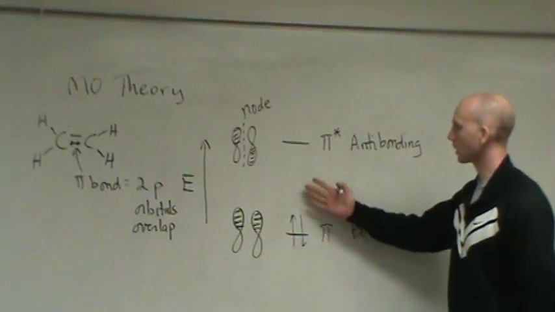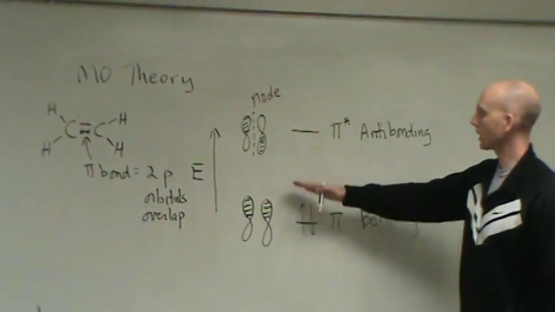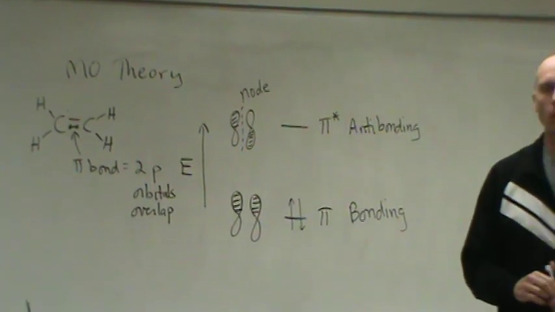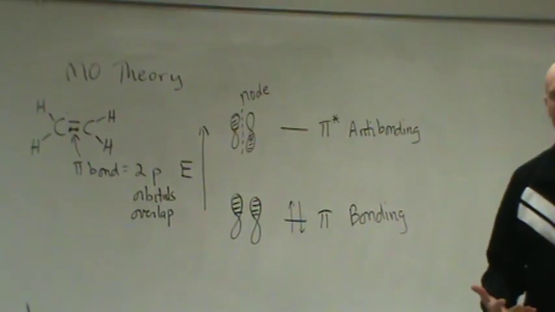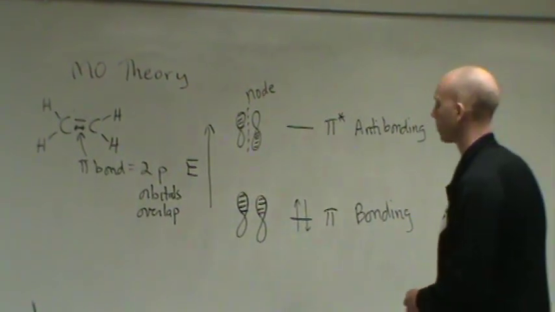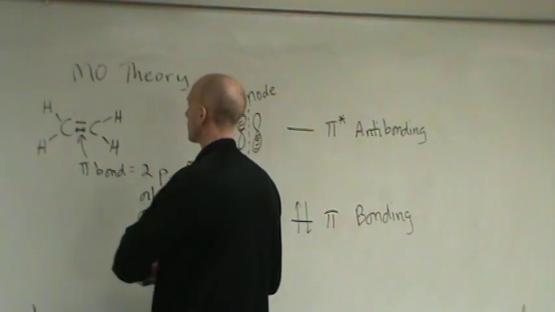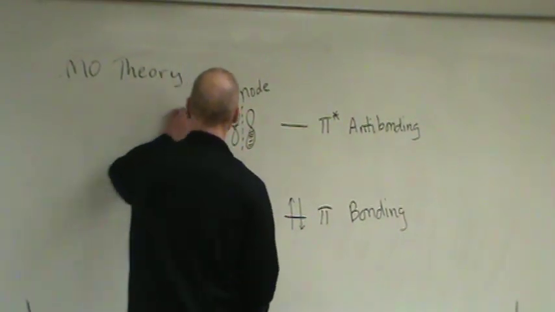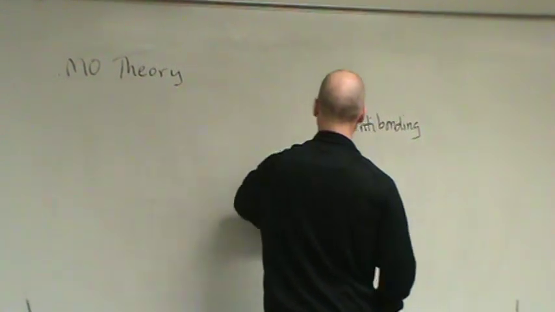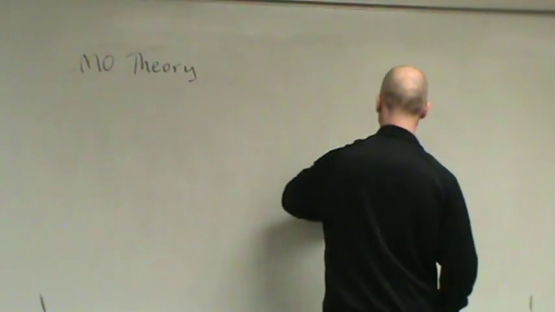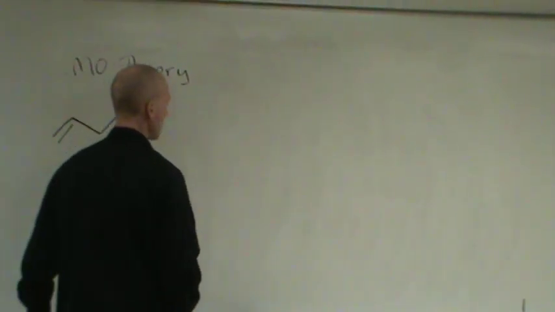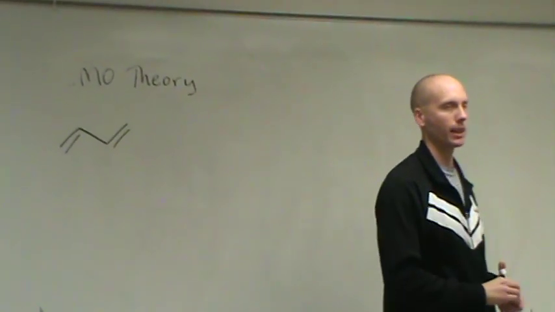Okay, so this is our molecular orbital setup for one single pi bond, okay? What we now want to do is expand this to looking at 2 pi bonds. So let's look at this diene here.